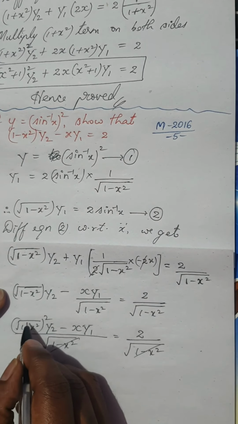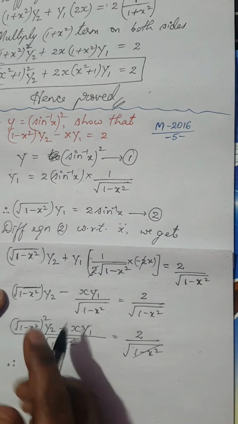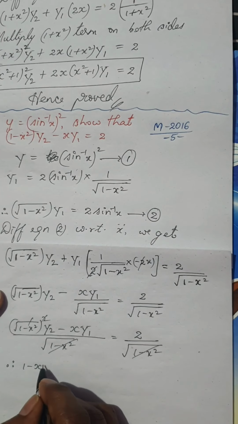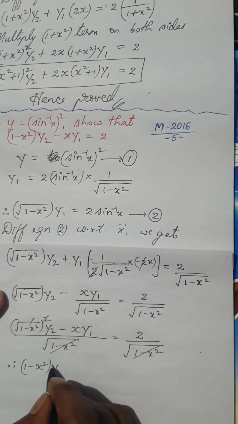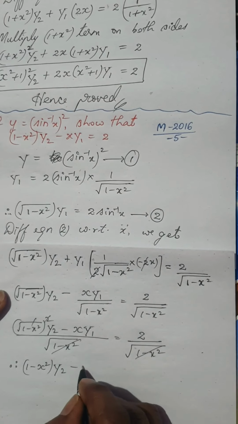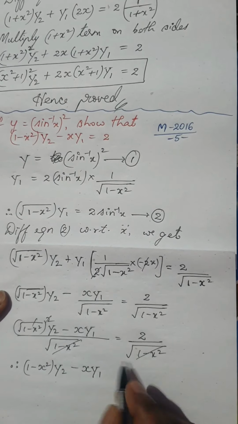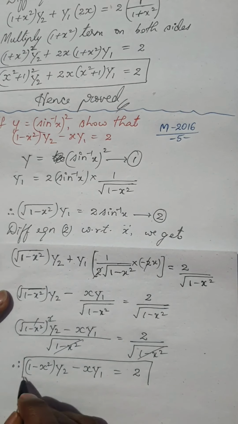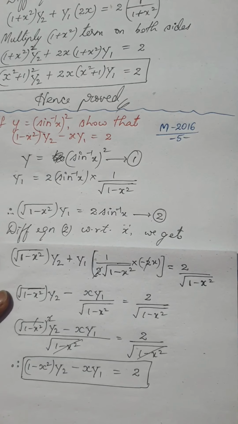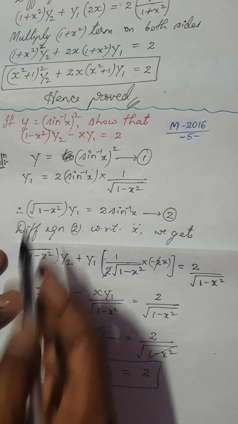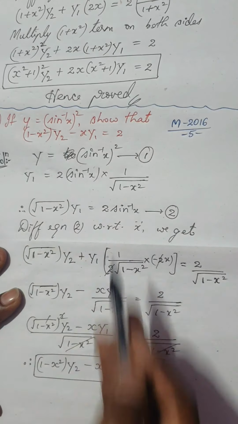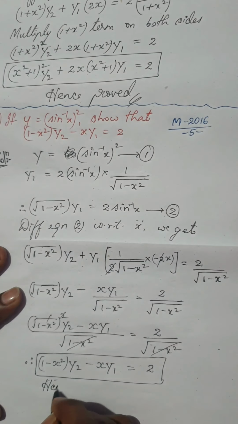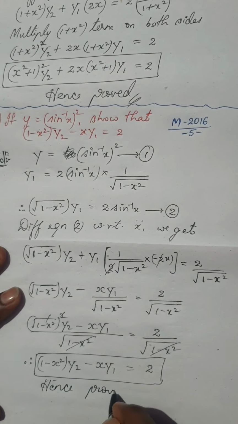Because square and root get cancelled, I'll get 1 minus x square into y2 minus x into y1 is nothing but 2. Is it clear? I was supposed to show 1 minus x square into y2 minus x y1 is equal to 2. So you can say hence proved.